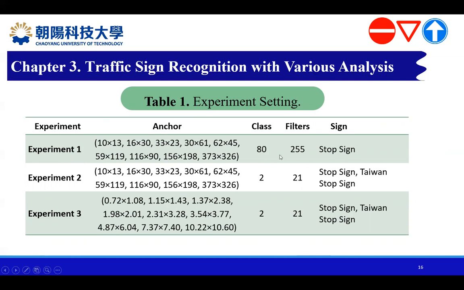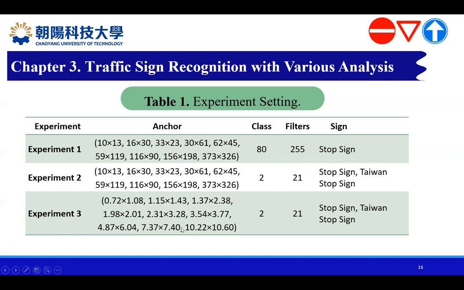Experiment 1 has 80 classes and the filter is 255. The sign is just the stop sign. Experiment 2 still uses the anchor box calculation setting from the COCO dataset, but we define our own classes. So I have two classes. The filter is 21. This one is for stop sign and Taiwan stop sign.